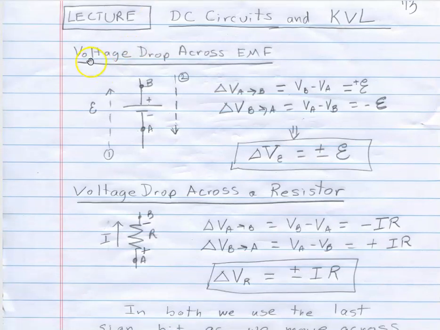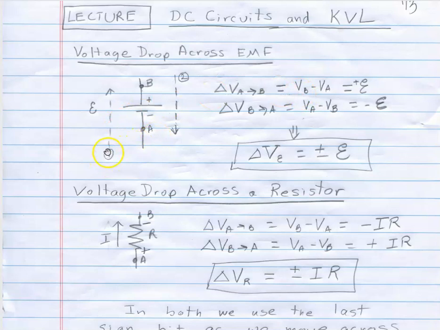So remember, if I have a voltage drop across an EMF, that's a battery here. Here I have a battery in this piece of a circuit. It has an EMF, E, associated with it, but I marked the two ends of it, A and B. And if I want to calculate the voltage drop as I go from A to B, that's the final, V_B, minus the initial.